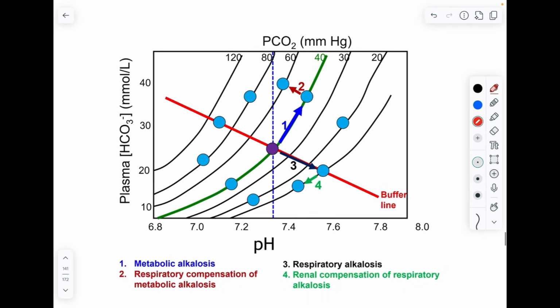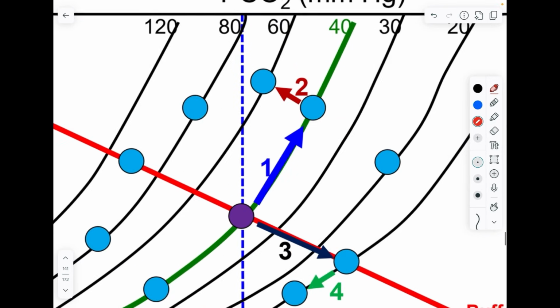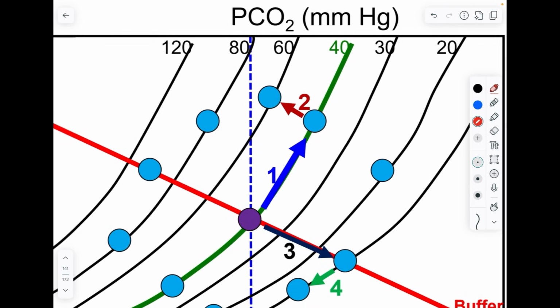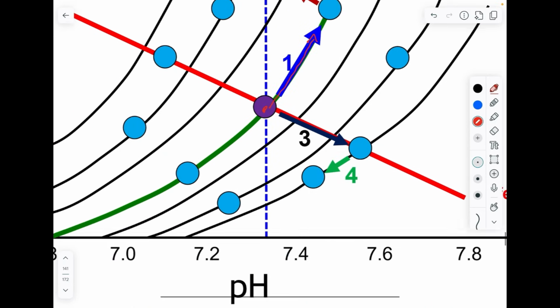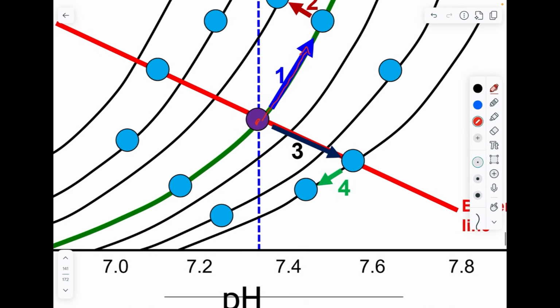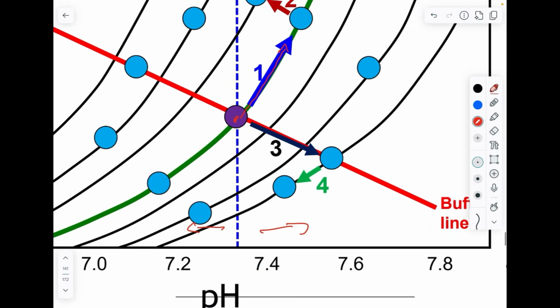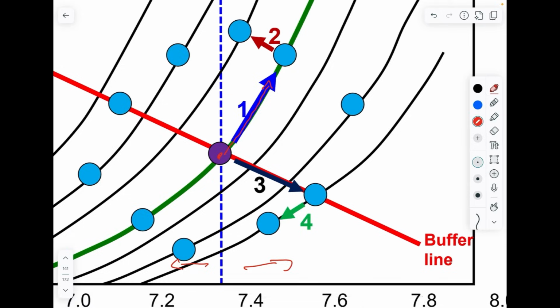Now, it's the same for alkalosis. So if we were to look at this point and look at number one, what's happening? Is the PCO2 changing? This is the first thing that you need to look at. No, that means it's a metabolic problem. Now, are we going towards alkalosis or acidosis? Alkalosis, because we have a high pH.